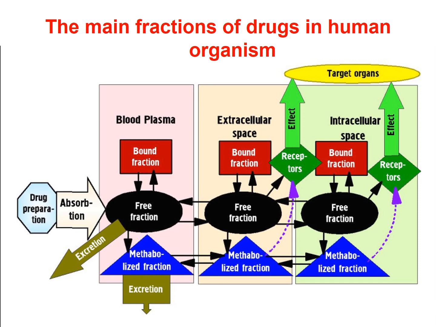So when we are talking about pharmacodynamics of some drug, we are saying that the drug from the free fraction produces its effect due to the interaction with a specific target in our body.